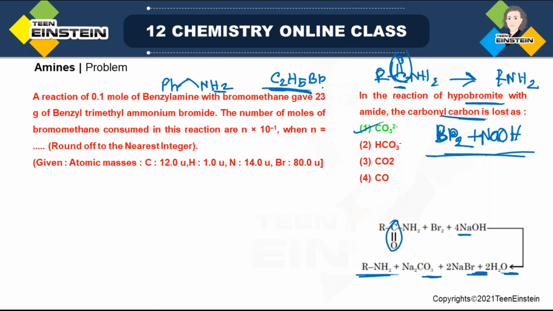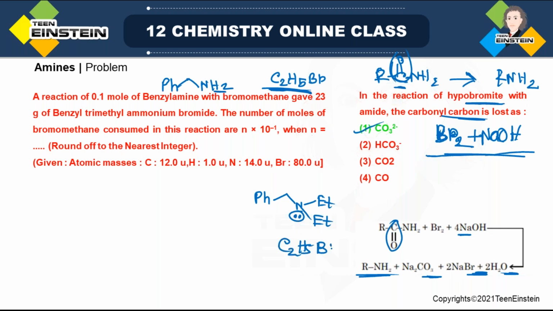But once it is replaced by C2H5, the structure of the molecule will be PhCH2N with ethyl group, ethyl group. So this is 3 degree. But if you now have another molecule of C2H5Br, then the reaction is also possible, because it still has a lone pair.